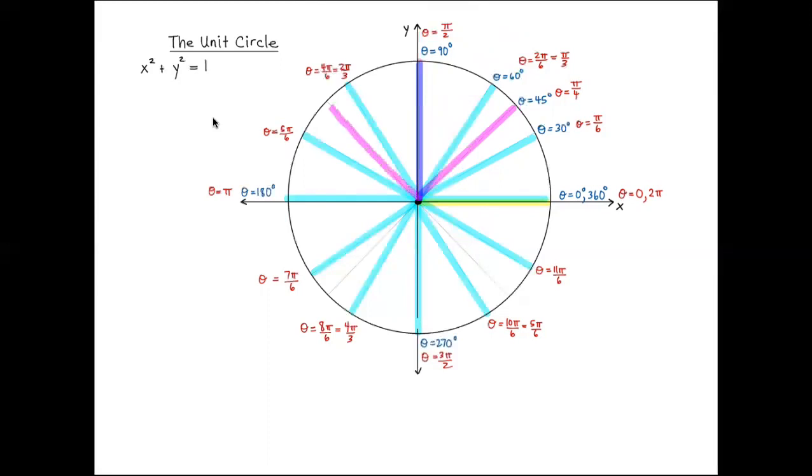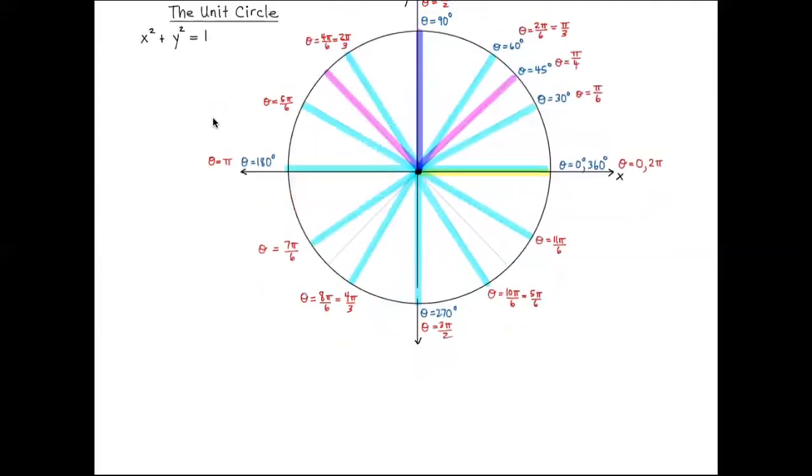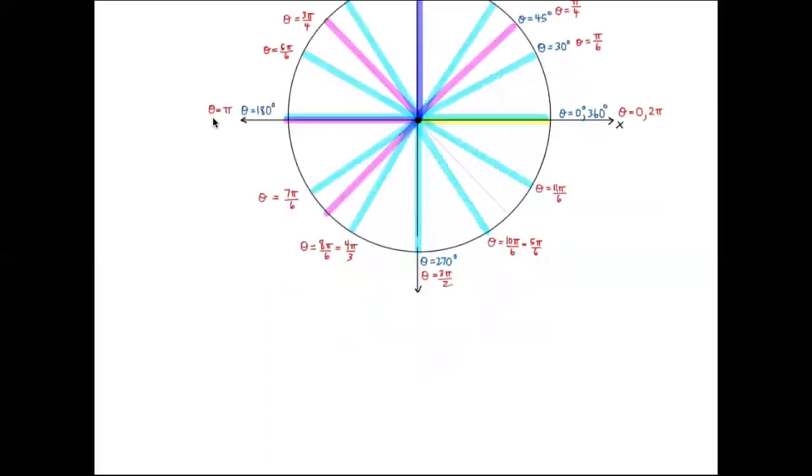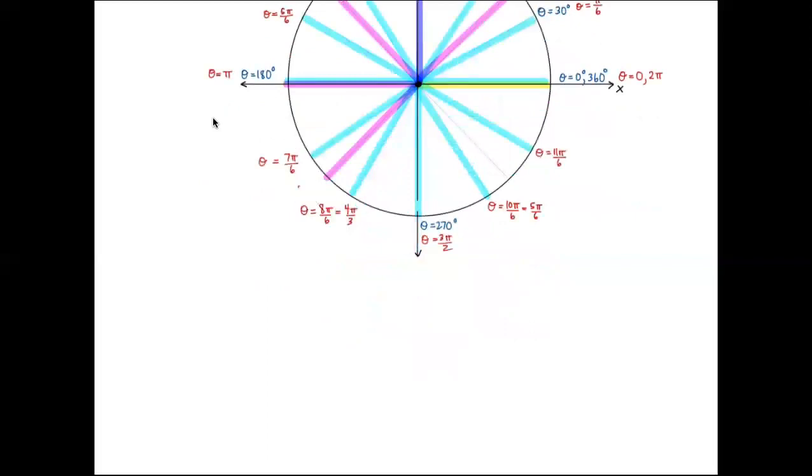Here is going to be 3 pi over 4, so let me go in and label that one. Then we've got 4 pi's over 4, which is the same thing as pi. This one here is going to be, you guessed it, 5 pi over 4.